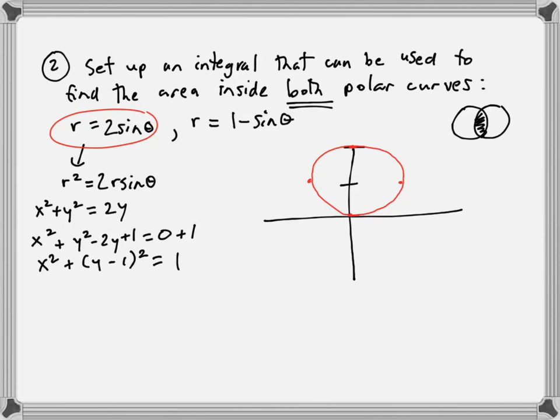And then I'm going to use a different color. Let's say I'll use blue for this guy. In blue, remember we had our cardioid from before, and it looks something like this.